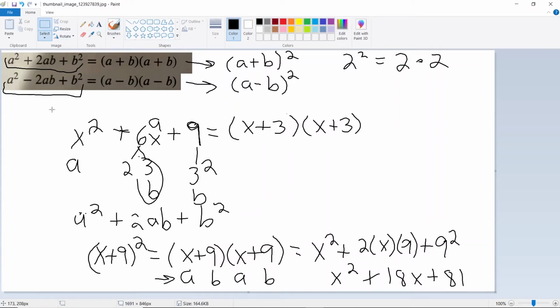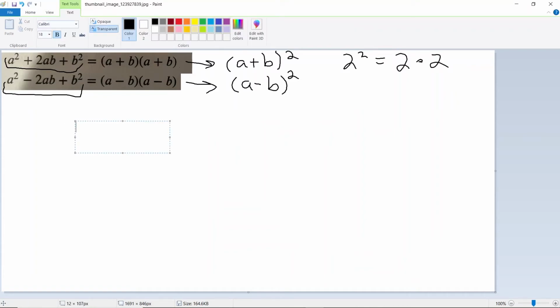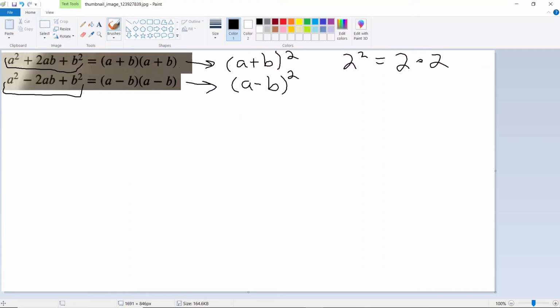So let's do another one with the plus, and then we'll look at one with the minus. What if you had x plus 7 squared?